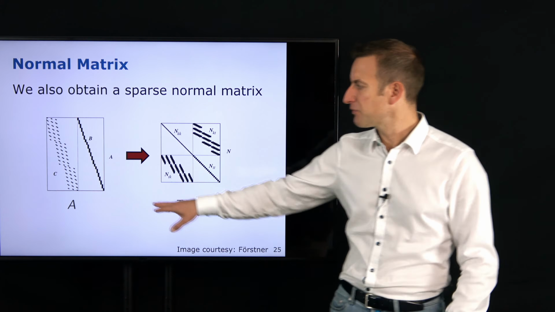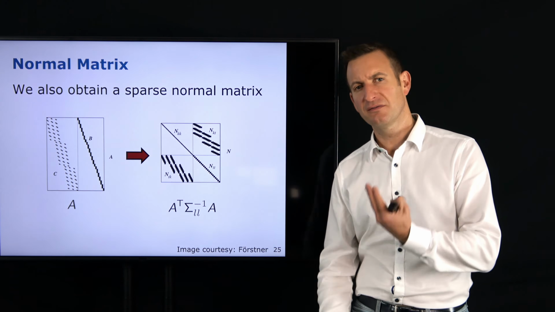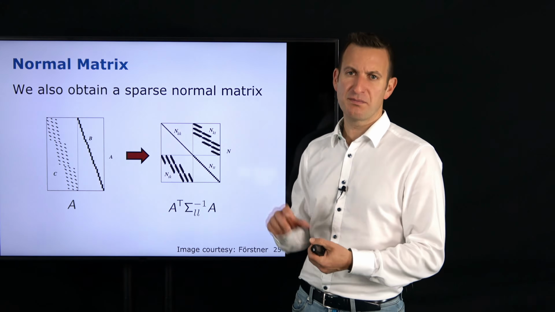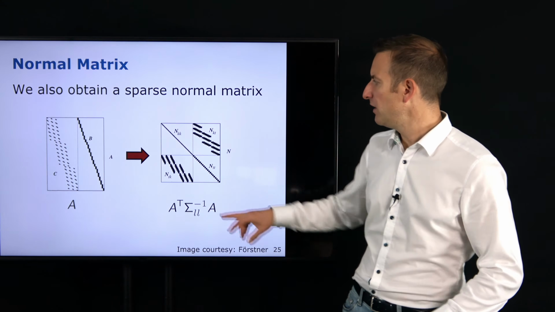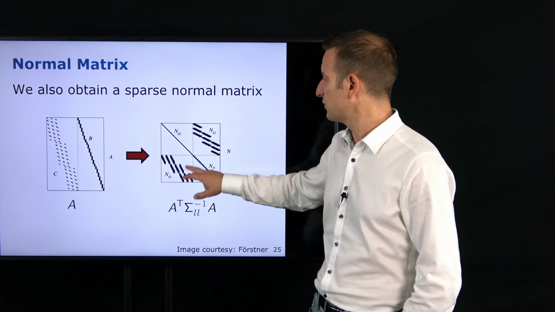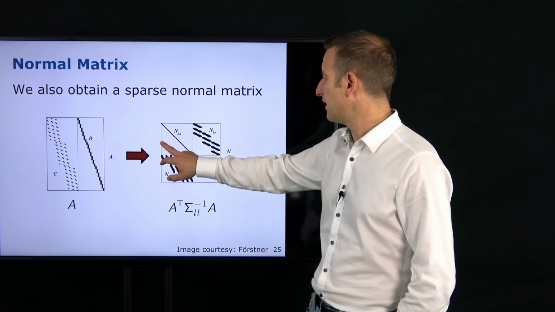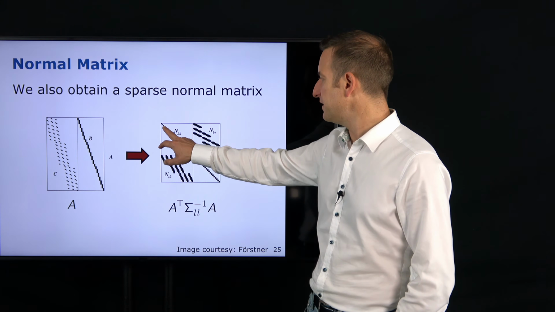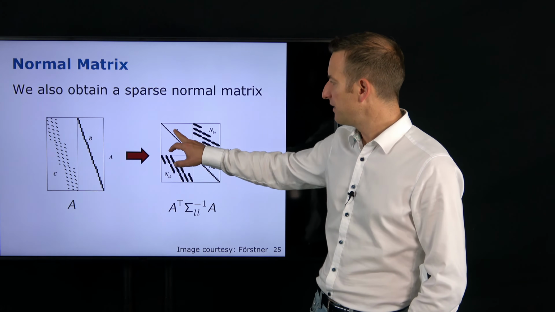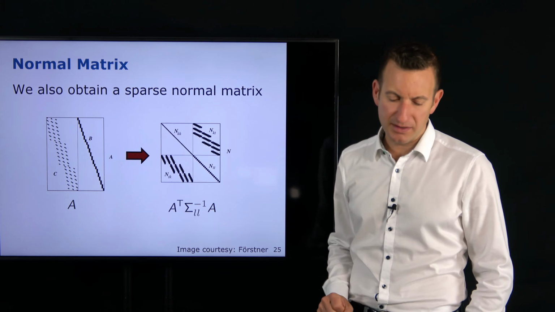And again, through the arrangement of my unknown vector into 3D points followed by orientation parameters of the camera, we can also see a certain pattern showing up here. So this matrix consists of 4 blocks. These blocks are the same blocks, swapped of course, and then we have the matrix blocks here, which are the interesting parts as well. This is the one relating the camera and the point orientation.